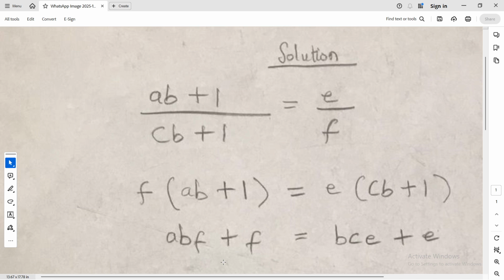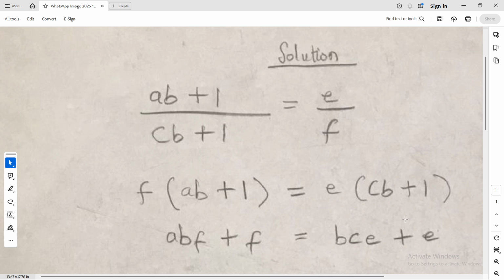So that means we have to group like terms. In grouping like terms, we maintain ABF, but positive F here must leave to the other half of the equation to join positive E, right?